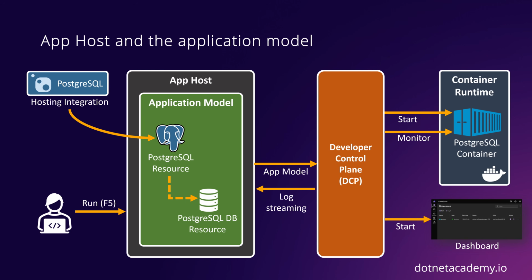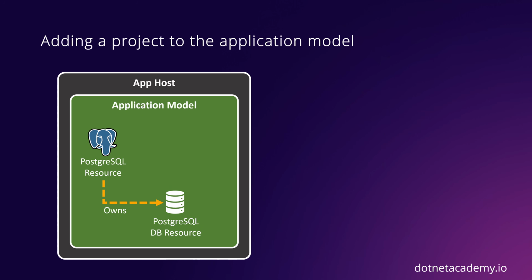Finally, the DCP will launch the dashboard, which presents a user-friendly interface for inspecting resource states, viewing logs, and executing commands. You can also add .NET projects as resources to the application model, like our Game Store API. This opens the door to establish dependency relationships between resources, like how our API project depends on the PostgreSQL database. Such relationships add additional information that the DCP can use when starting the resources.